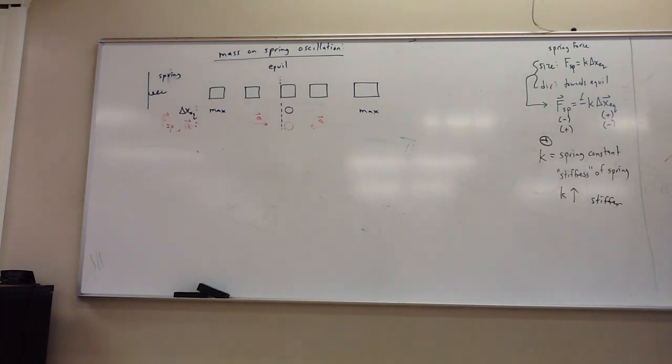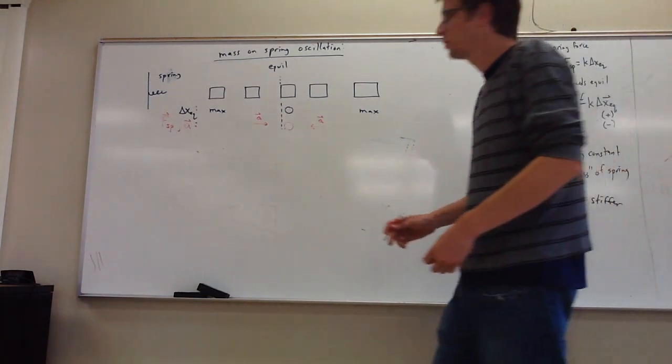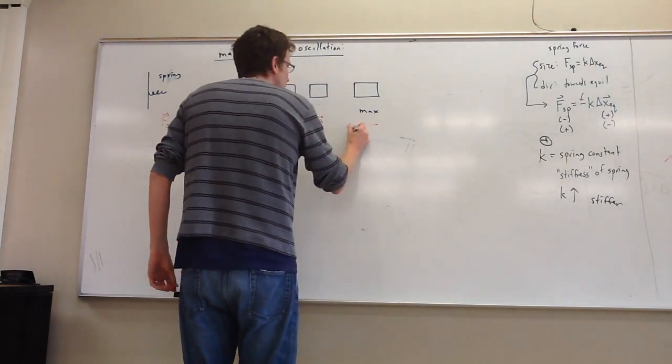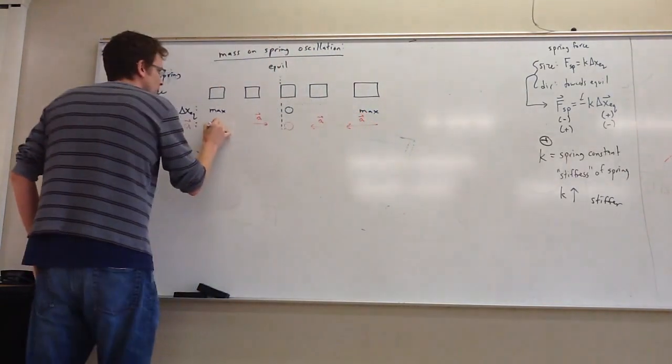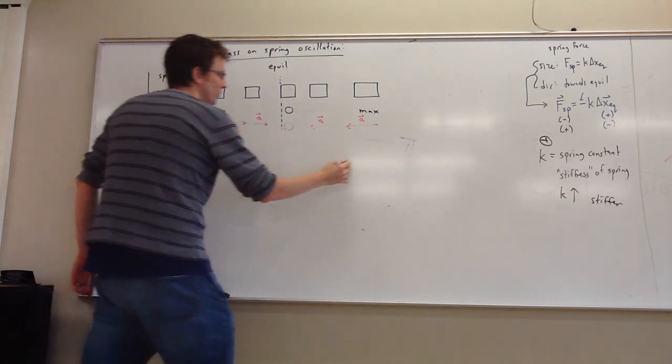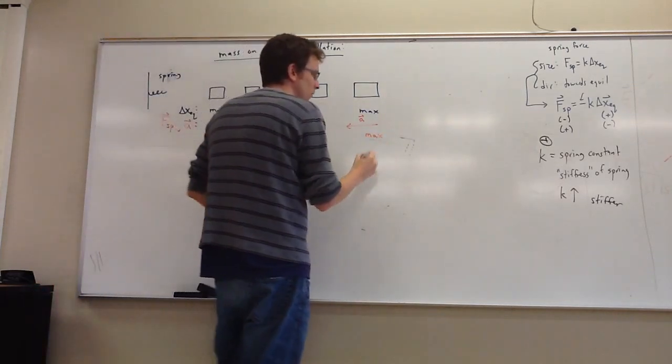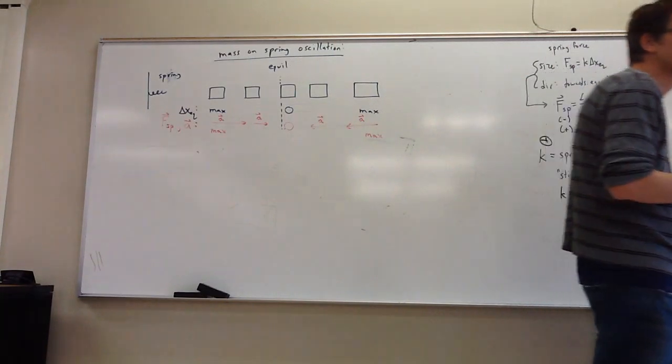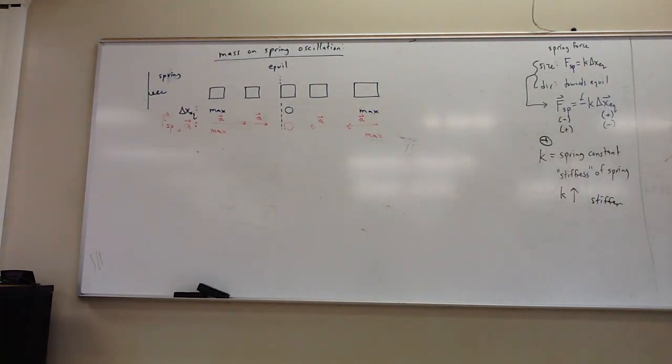So what happens to the acceleration? Bigger. In fact, the acceleration is maximum out here too. So, just like we have a restoring force, which always points toward the middle, the acceleration is always toward the middle.